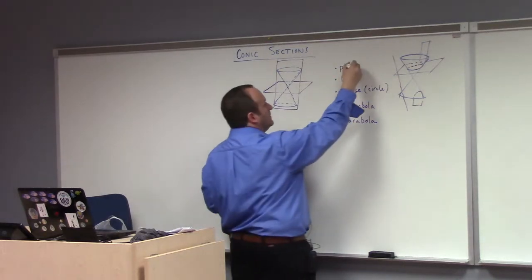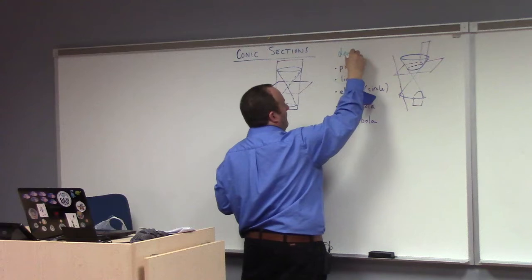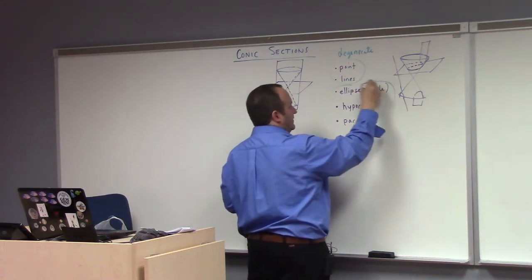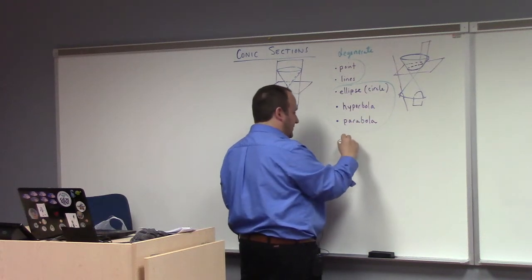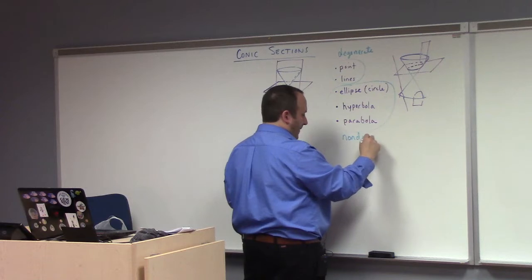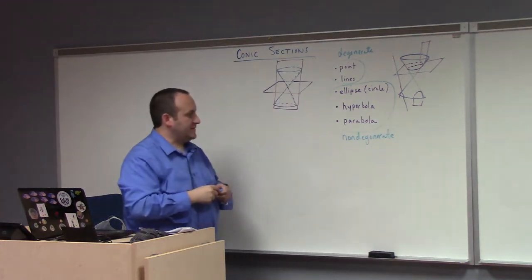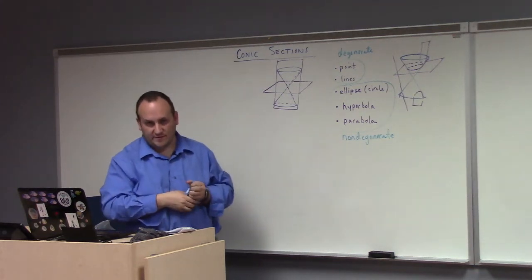Now, as a point of order, these two are sometimes called degenerate conics, and these are the non-degenerate, I suppose. If a person's talking about a conic section, a lot of times they're talking about a non-degenerate conic section, although technically speaking, points and lines are special cases.